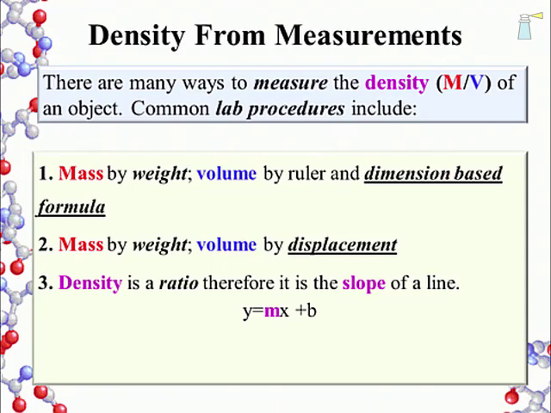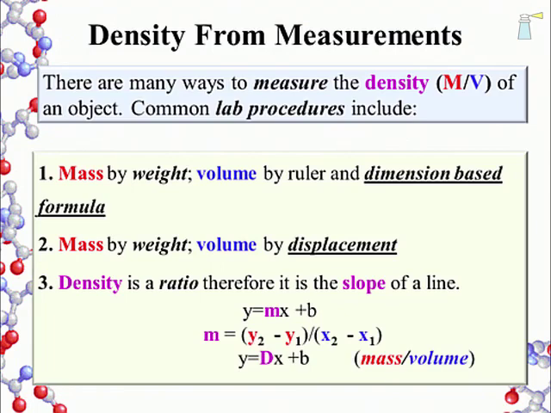For this procedure, we need only to remember that slope m is obtained from 2 points and is defined as the difference in the y values of the points over the difference in the x values. When plotting multiple measurements on a graph with the mass or weight on the y-axis and the volume on the x-axis, the slope of the line through the data is equal to the density. We'll do this in greater detail when we get there.